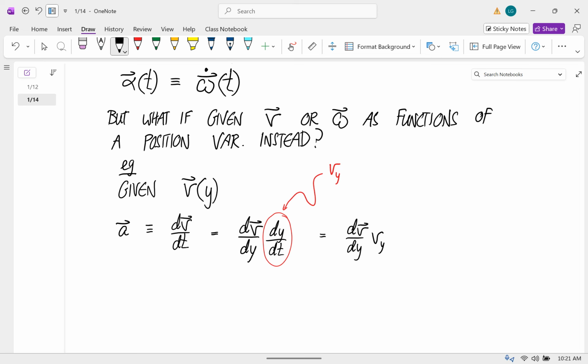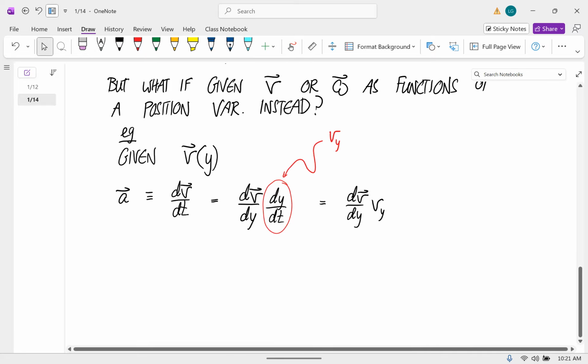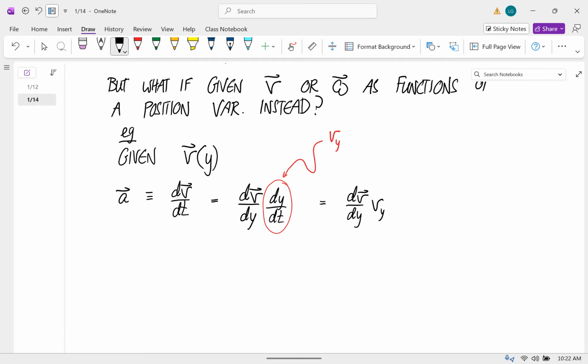Acceleration isn't the derivative of velocity. Acceleration is the derivative with respect to a very specific thing, time, not anything else. So if you just take the derivative of the velocity with respect to y and think that'll give you the acceleration, your answer will be wrong. It's only with respect to time, but we can use this chain rule idea.